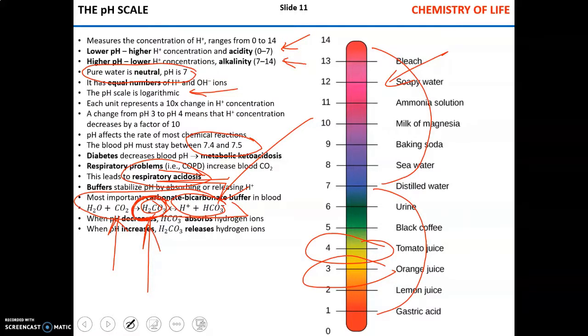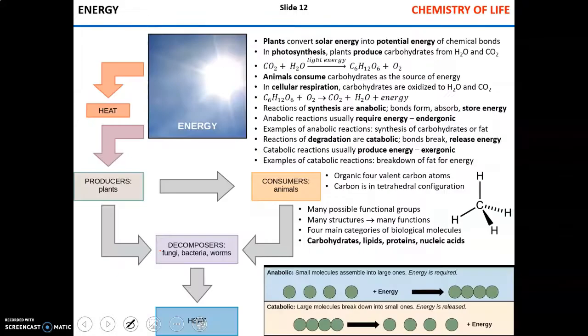Now, we're practically done with elementary chemistry, and we're going to move on to the conversation about energy conversion in life. The energy conversion in life starts with solar energy. Virtually all life, directly or indirectly, is supplied with energy by the sun. Plants convert the solar energy into the potential energy of chemical bonds.